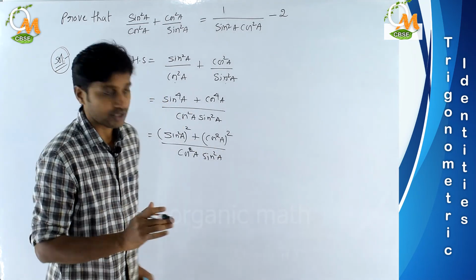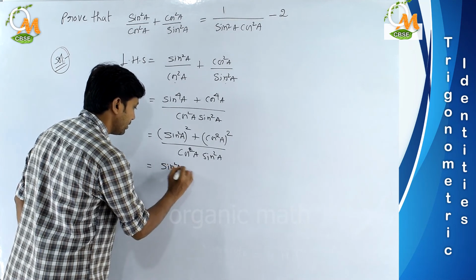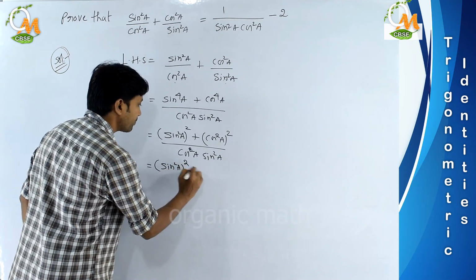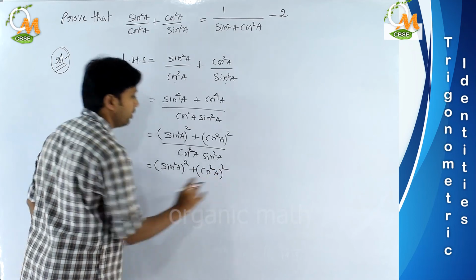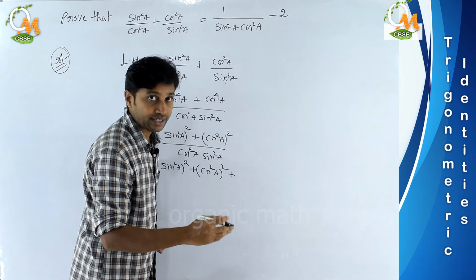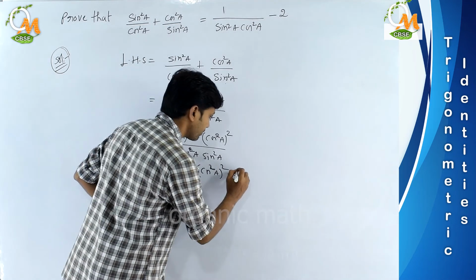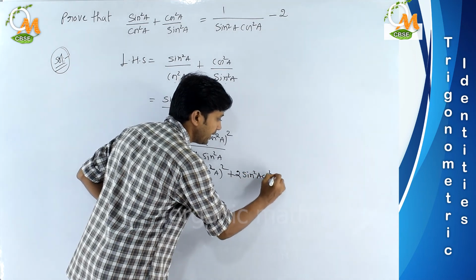Let us do it first. See here, sine square a whole square plus cos square a whole square. Now I want to add 2 sine square a cos square a to this.